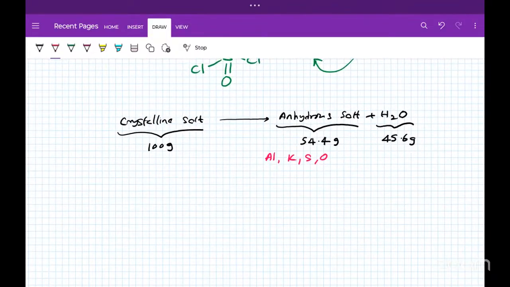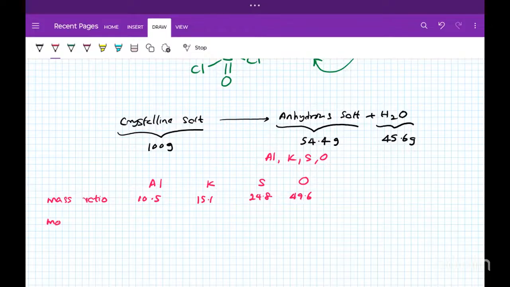Here the ratios are given for aluminium, potassium, sulfur, and oxygen, right? Now, we can say mass ratio. Aluminium is 10.5, potassium is 15.1, sulfur is 24.8, oxygen is 49.6.